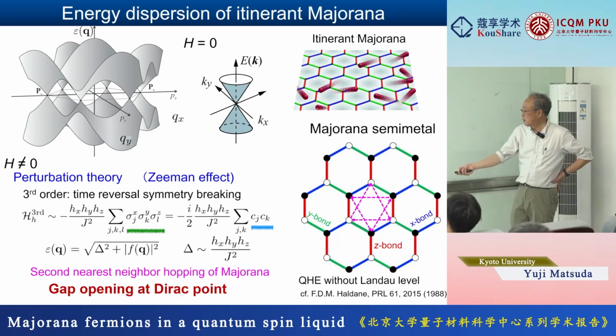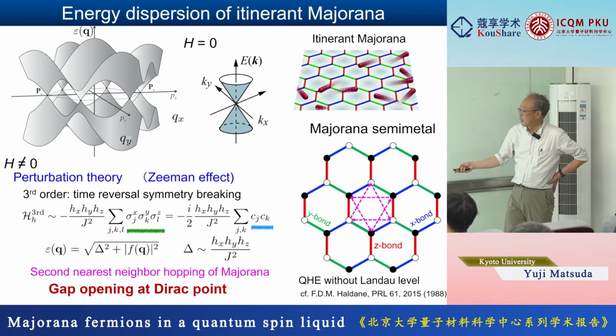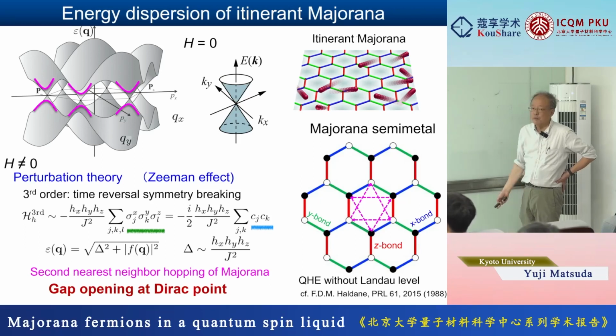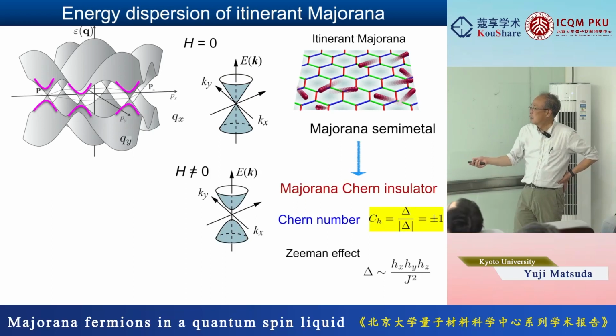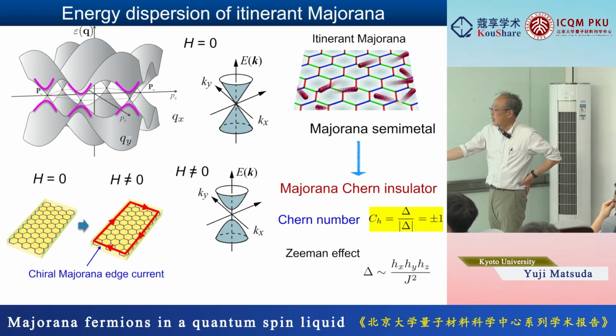The situation is very similar to the quantum Hall effect without Landau levels proposed by Haldane, and a gap appears here. So this is very different from graphene, and in this state the system becomes topological, a Majorana Chern insulator characterized by a Chern number, and the chiral edge current of Majorana fermions appears.